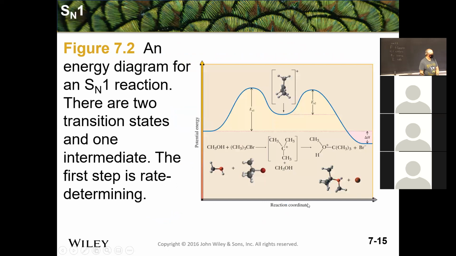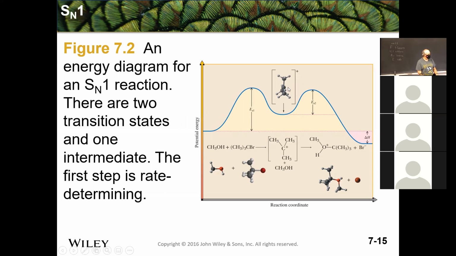Okay, notice the difference here between this diagram of the SN2, okay, remember the SN2 is one step, the SN1 is two steps. Okay, so the SN1 undergoes a bond breaking. That's the first slow step.